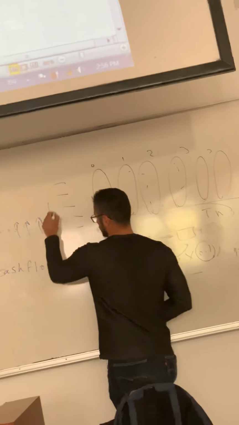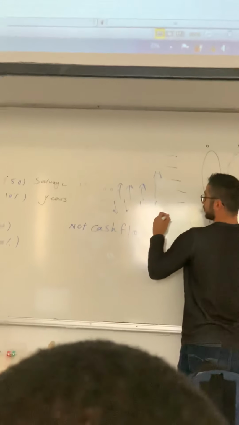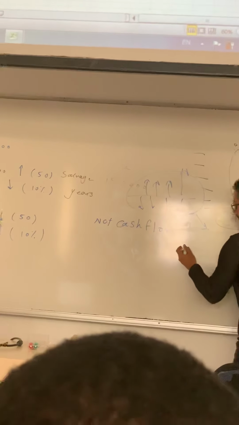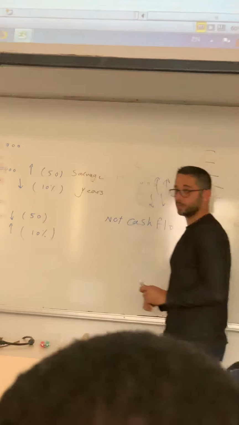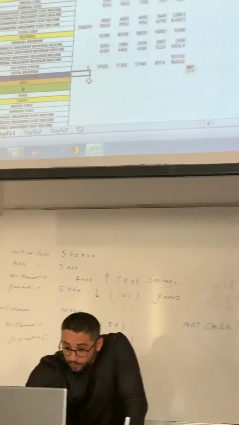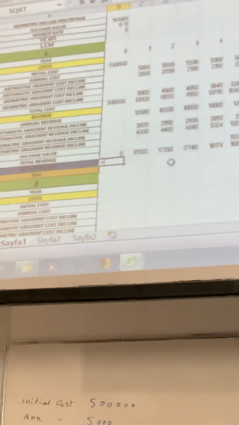We have different costs and we have different revenues. Net cash flow is the deduction of revenue minus cost. Okay? So you have equal to, what is the total revenue?